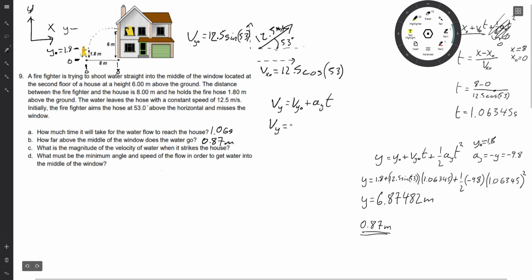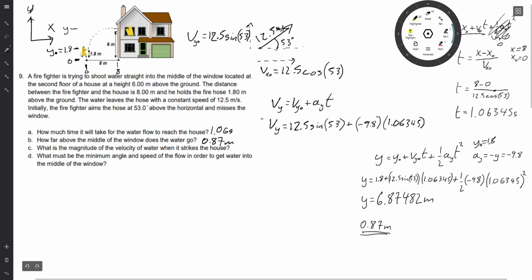our initial velocity, which is 12.5 sine of 53, plus our acceleration, which is negative 9.8, times our time, which is going to be what we calculated earlier, 1.06345.